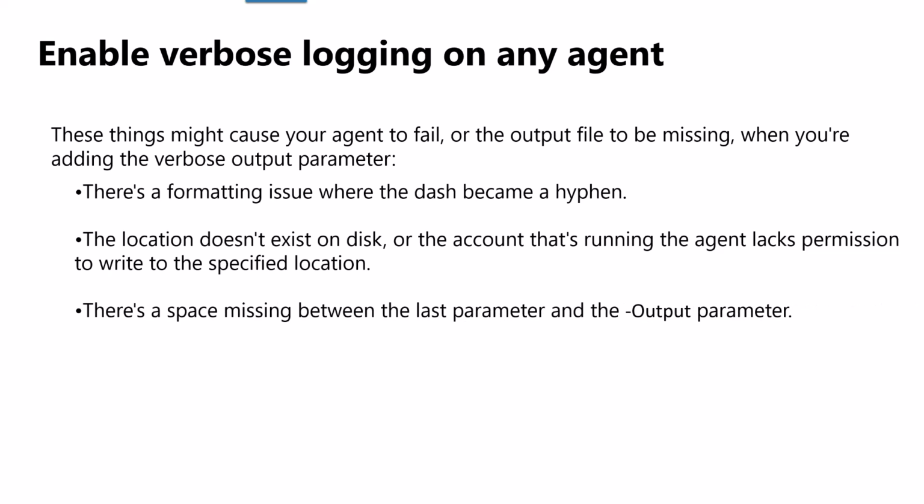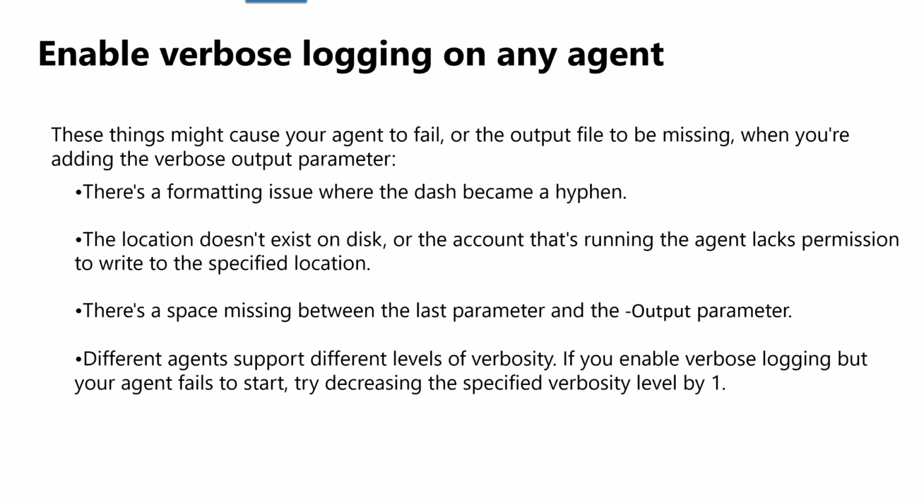There's a space missing between the last parameter and the hyphen output parameter. Now, as I mentioned before, different agents support different levels of verbosity. If you enable verbose logging, but your agent fails to start, try decreasing the specified verbosity level by 1.